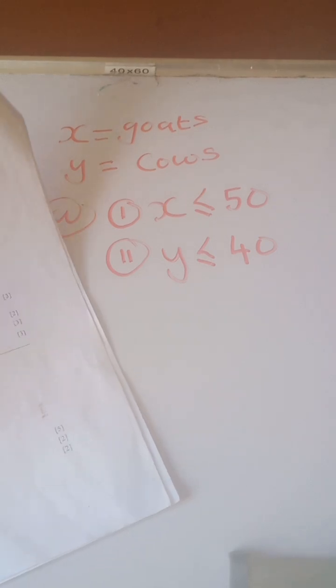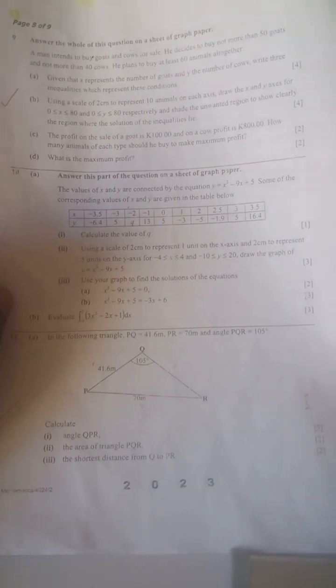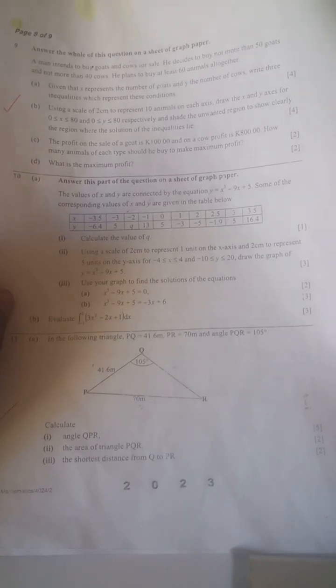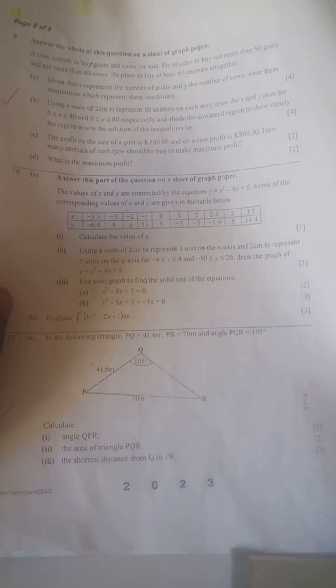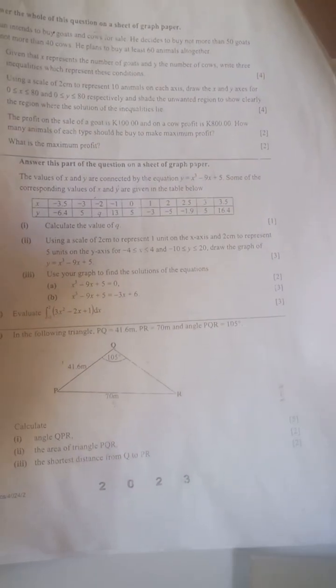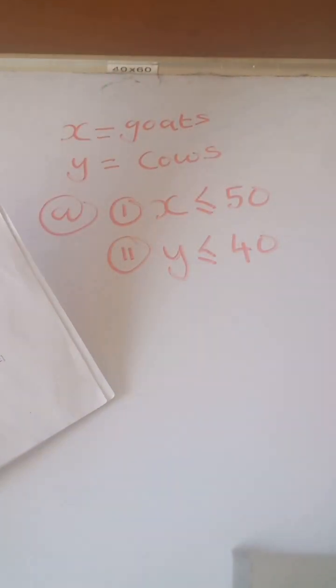The other part is saying he plans to buy at least 60 animals altogether. At least means greater. Since they said altogether, it means you add goats and cows.